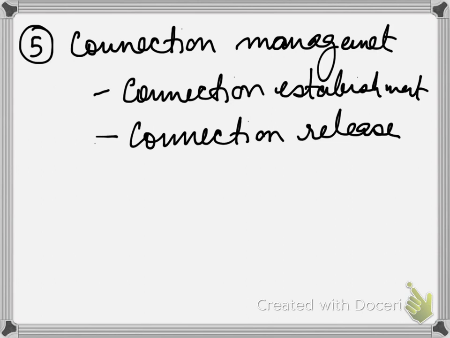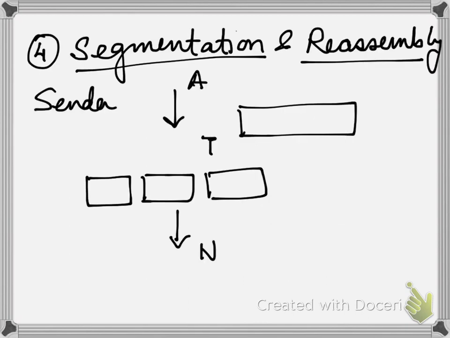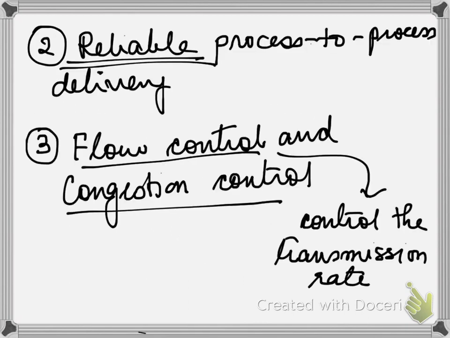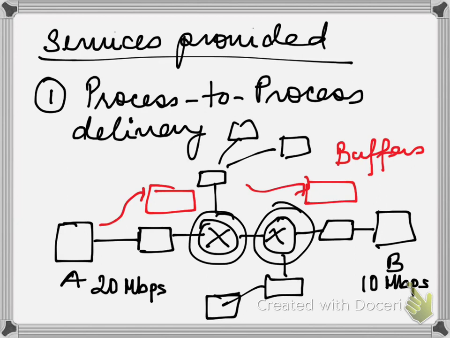So we have seen these are the different services which are provided by the transport layer: connection management, segmentation and reassembly, flow control, congestion control, reliable process-to-process delivery, and it provides process-to-process delivery from one process in the source to another process in the destination.